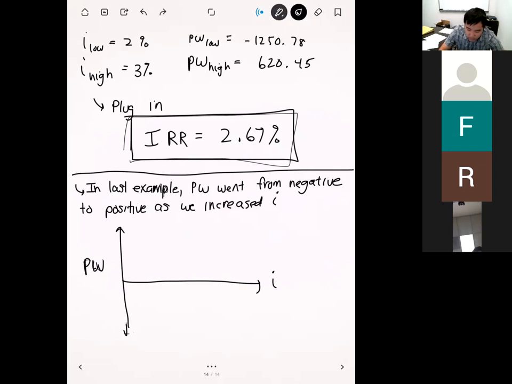For lower amounts of interest rate, we end up with a negative present worth, but for higher values of interest rate, we end up with a positive one. And the point at which the present worth crosses the x-axis is our true rate of return.